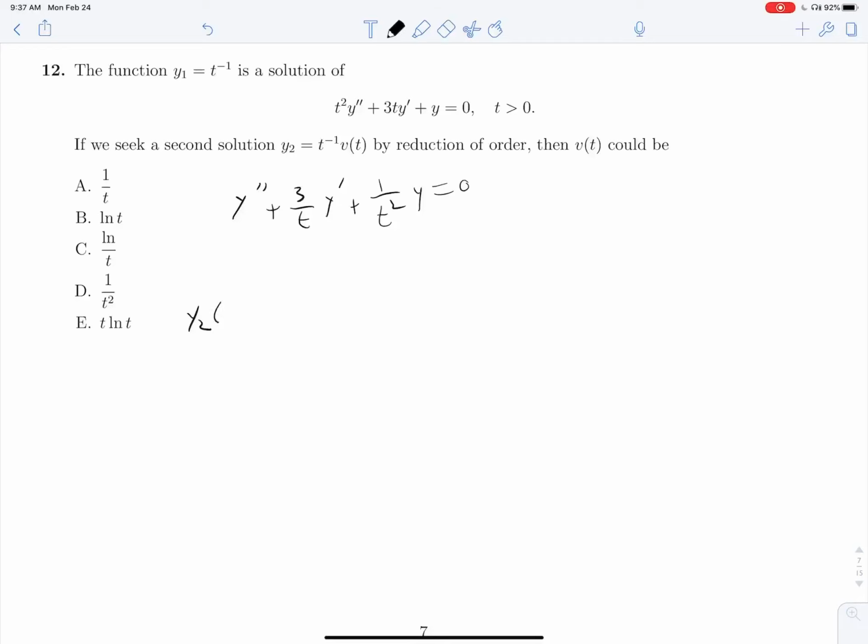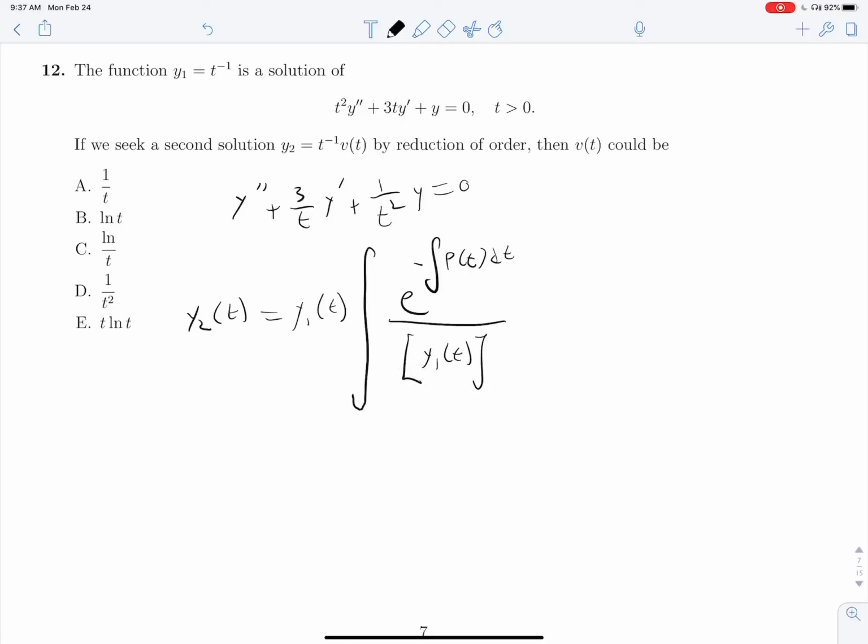That's y2 of t is equal to y1 of t times one really big integral of e to the negative integral of p of t dt over y1 of t quantity squared dt. So p of t in our case is this value over here. Remember, we always call this p and this guy q in these second order cases.